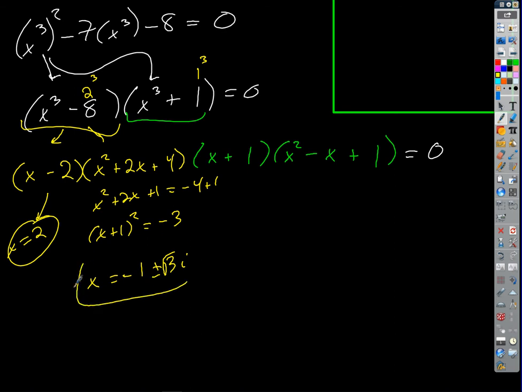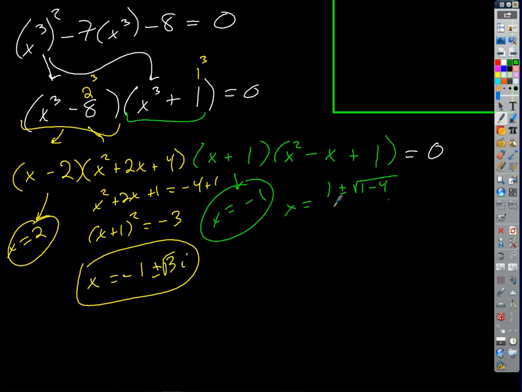So there's 2 more. Over here, I'm going to get x equals. And then here we'll do this. Now this one, do we want to complete the square? I'd say probably not, because b is odd. So on this one, if we set that whole thing equal to 0 and use the quadratic formula, we just get negative b plus or minus the square root of b squared minus 4ac, all divided by 2a.